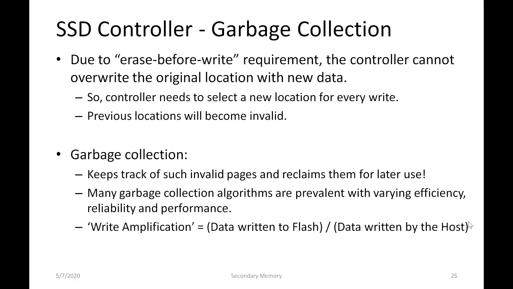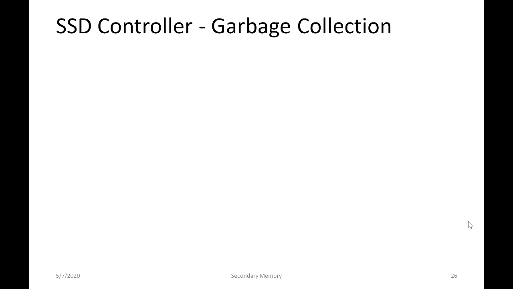But because of the erase before write requirement and eventual garbage collection, we might end up writing the same data more than once. So if the write amplification factor is higher, it means that our flash cells have experienced more number of writes or erase cycles. So it's a bad number to be having higher. We need to minimize it as much as possible.